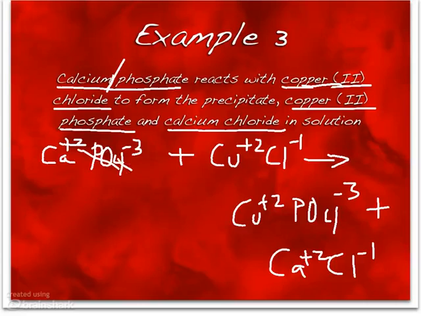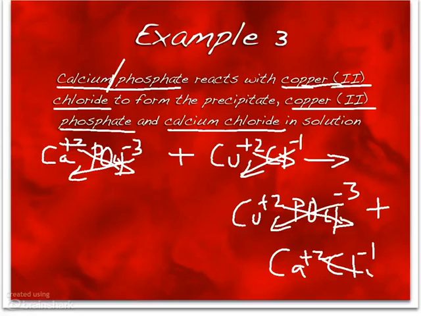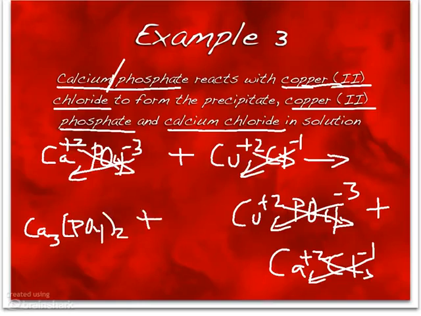So you do have to do your crisscross rule for each one. If you were to write this out, you have Ca over here, so it would end up being Ca3, PO4, 2, like that.